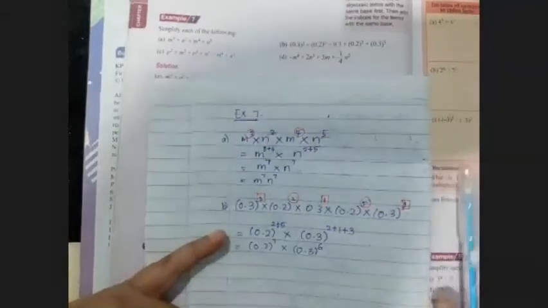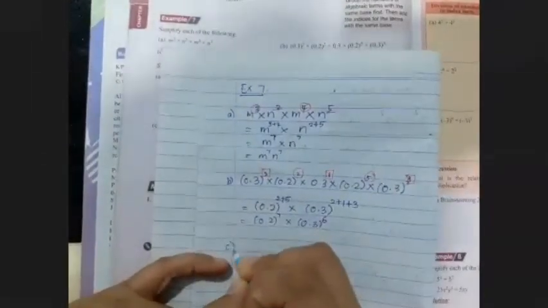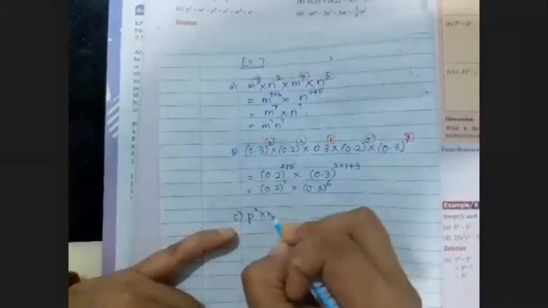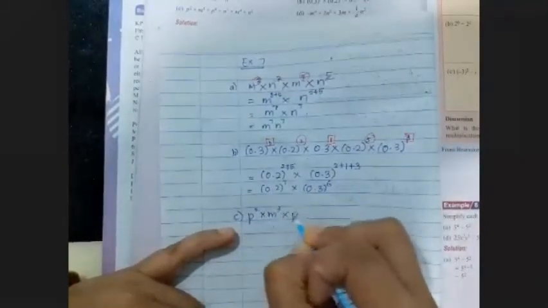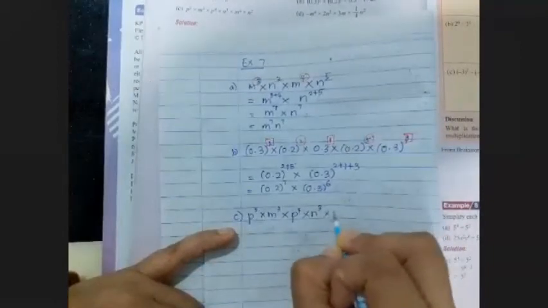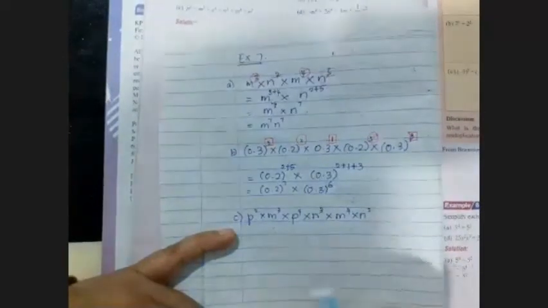Then, for C, p power of 2 multiply m power of 3 multiply p power of 4 multiply n power of 3 multiply m power of 4 multiply n power of 2.